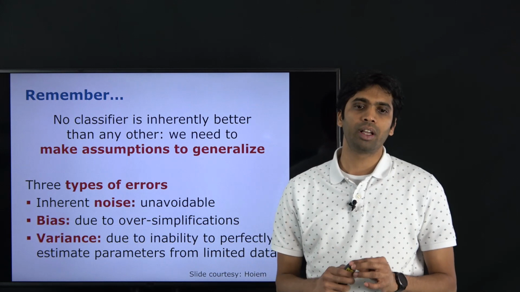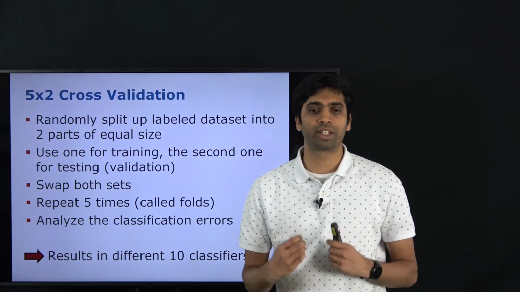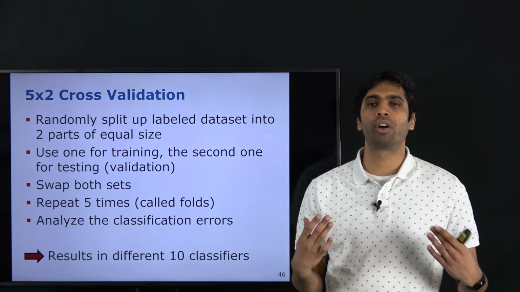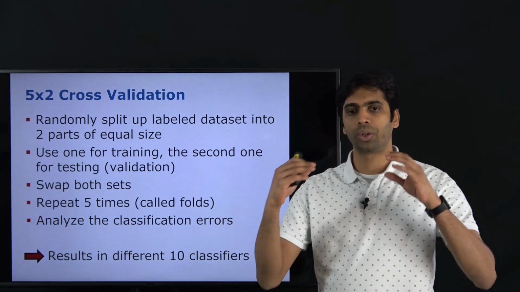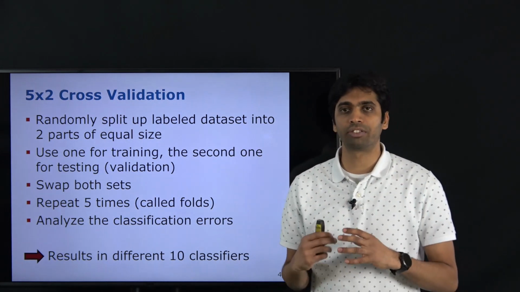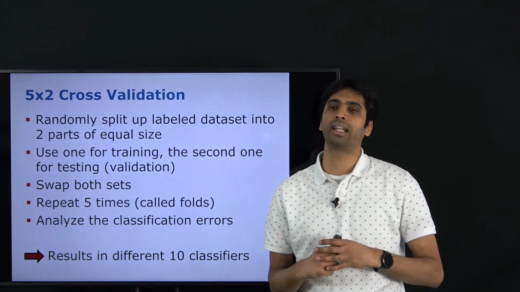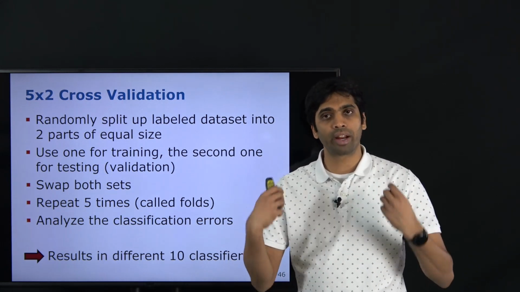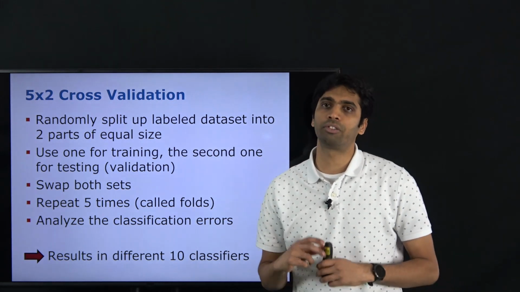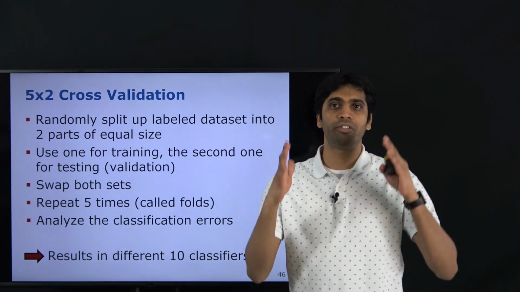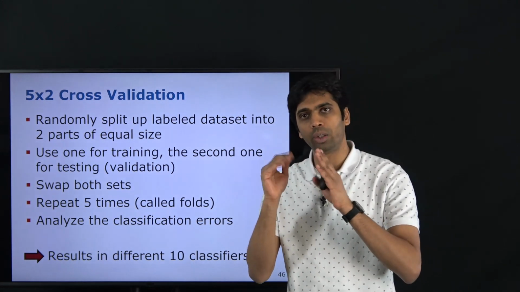There's another term that you might come across when you look into classification literature, which is called cross-validation. Like I showed you, usually when we have a classification pipeline, we have a certain amount of data that we go out and collect, and we train our classifier on this data. Then we also have a certain amount of data, often taken from the training data and split in a way that it's not used for training.